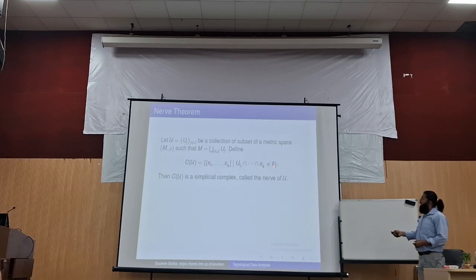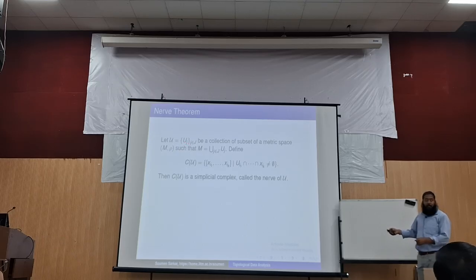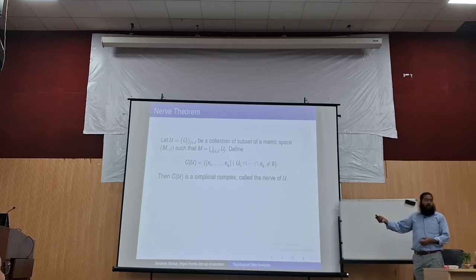If that intersection is non-empty, then we say this is a simplex. So we take this collection of simplices and say that this is the simplicial complex for this covering. What is the connection between this simplicial complex and the previous complex?